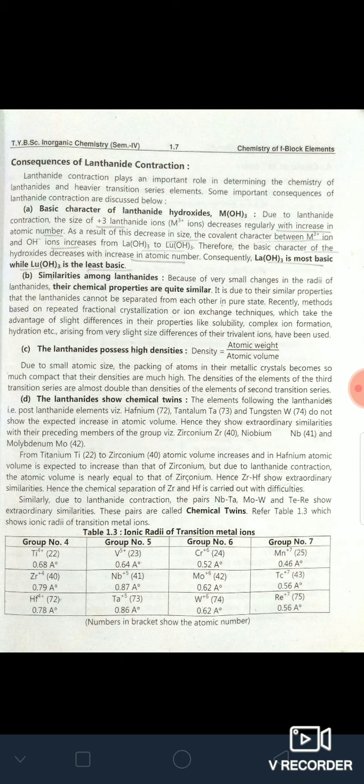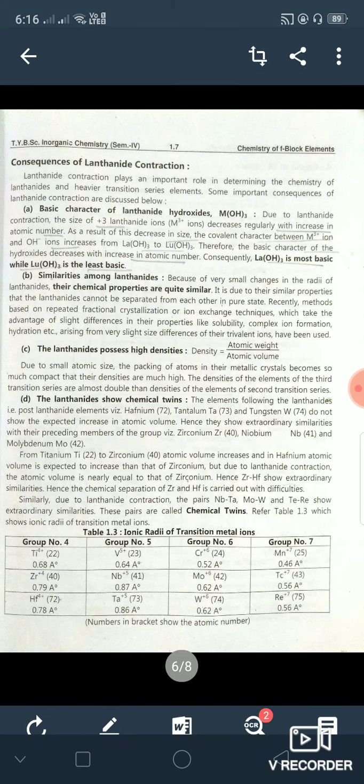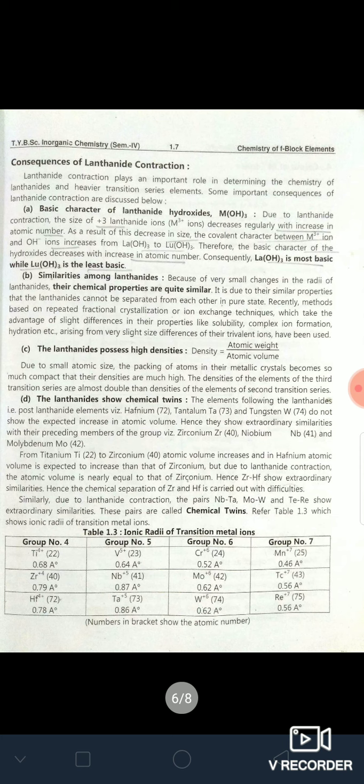Similarities among lanthanides: because of very small changes in the radii of lanthanides, their chemical properties are quite similar. It is due to their similar properties that the lanthanides cannot be separated from each other in pure state.